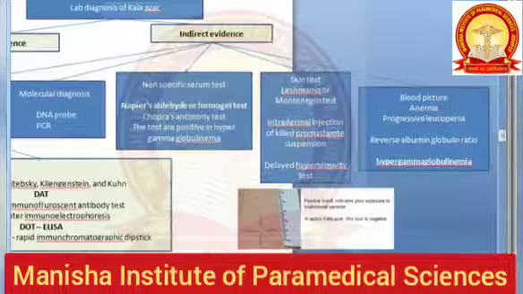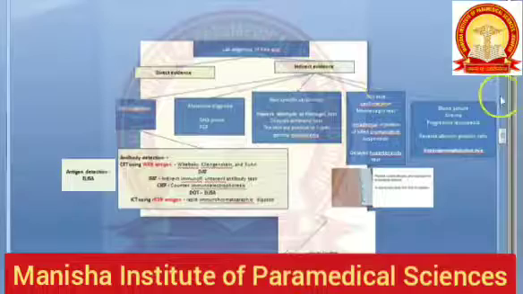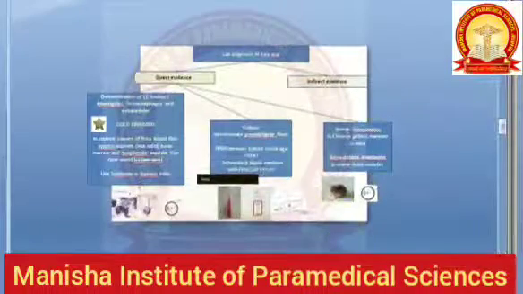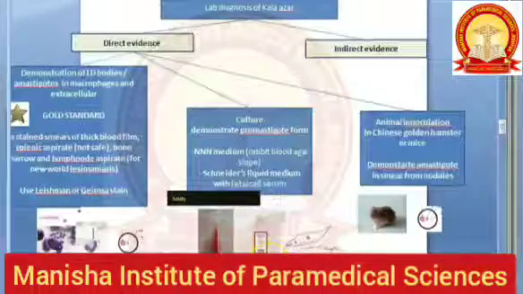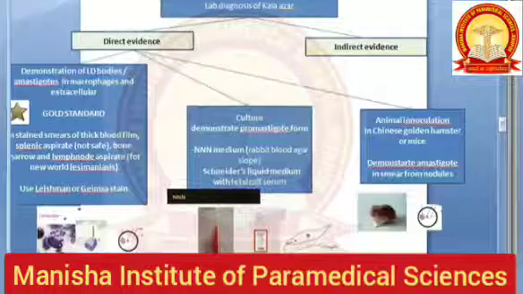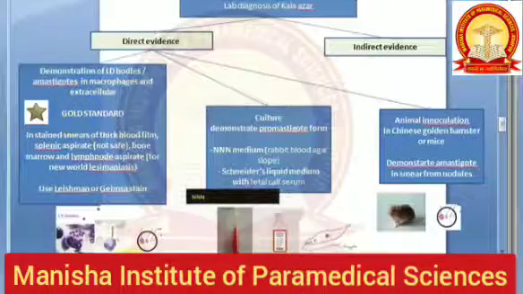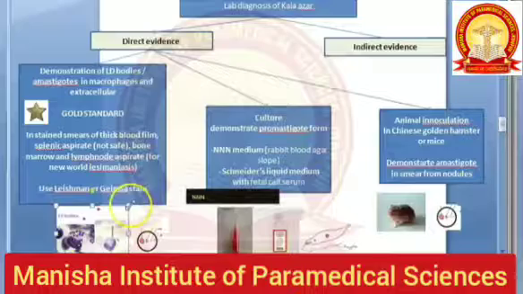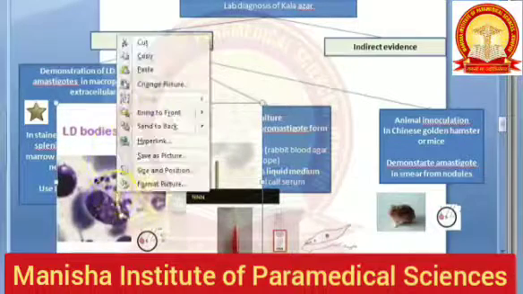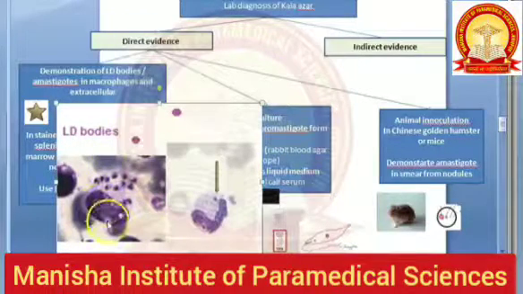Now let us get into the details of the lab diagnosis of Kala-Azar, starting with the direct evidence. In direct evidence, you will demonstrate the LD bodies. That is a macrophage.